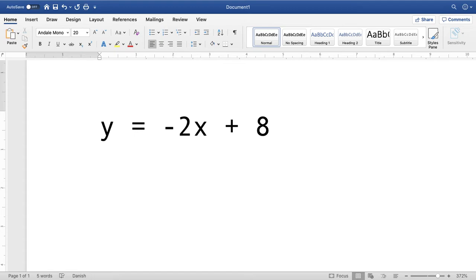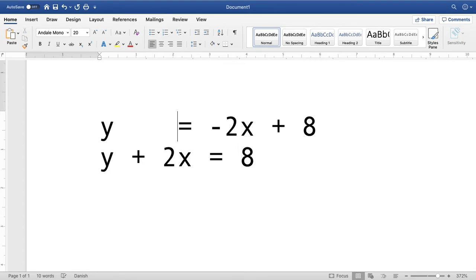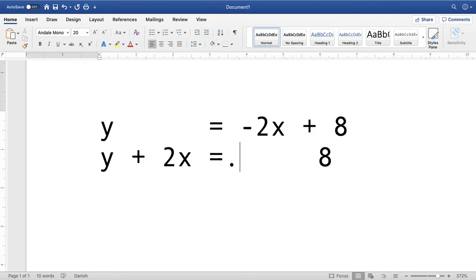So if I add 2x to both sides, I'll get y plus 2x equals 8. Let's put some spacing in there to make it clearer what's going on. So there we go, everything nicely lined up.